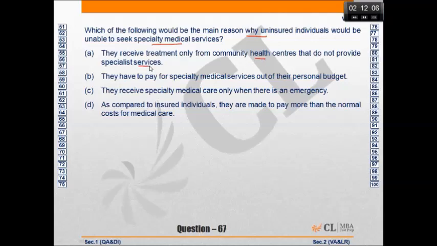I think it was money, if I remember correctly. They have to pay for specialty medical services out of their pocket. Yes, uninsured individuals have to pay out of their pocket, so this should be the answer, but let me look at the other choices. They receive specialty medical care only when... and as compared to insured, they are made to pay more than the normal cost. They don't want to pay. Choice B becomes the answer.